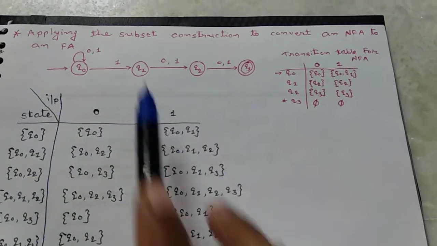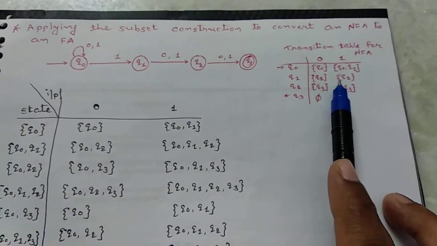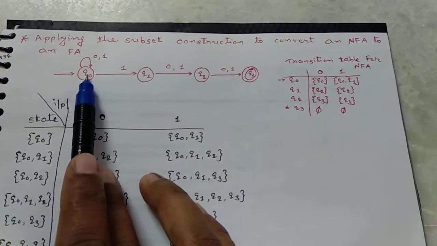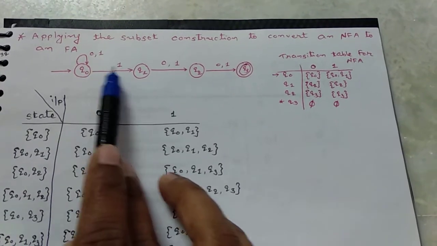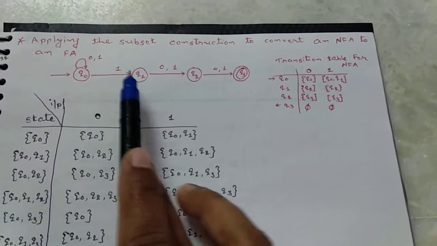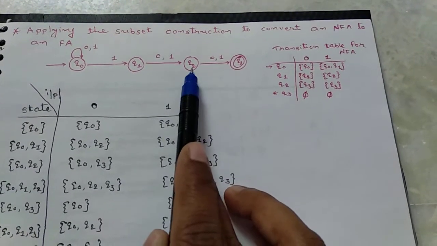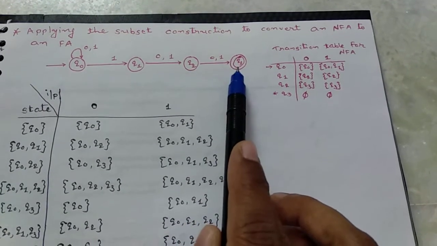For this, either the NFA or the transition table for the NFA is given. Here in the NFA, Q0 to 0 and 1 goes to Q0, Q0 to 1 goes to Q1, Q1 to 0 goes to Q2, Q1 to 1 goes to Q2, Q2 to 0 goes to Q3, Q2 to 1 goes to Q3.